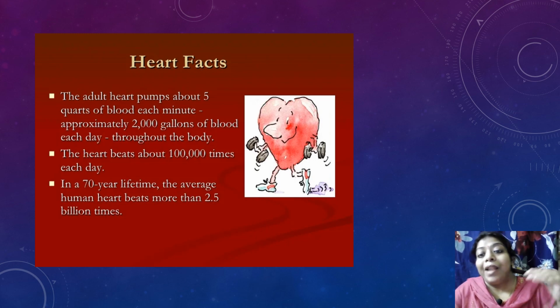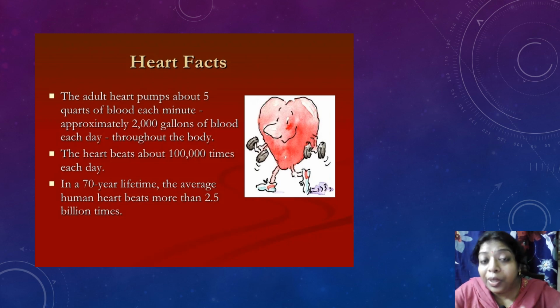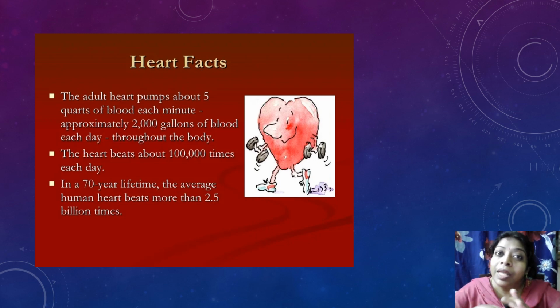Note, the pressure of the blood inside the artery during the ventricular contraction is called the systolic pressure.